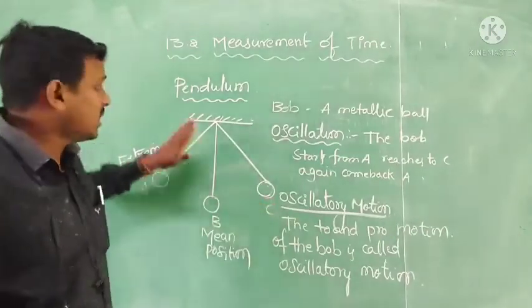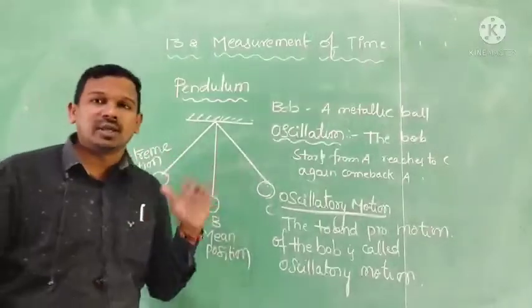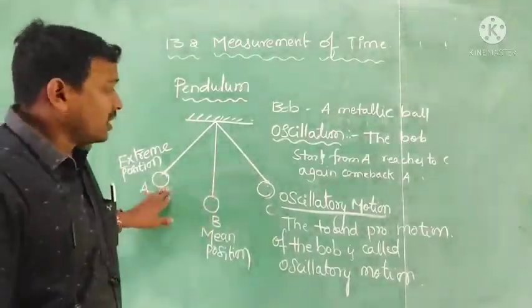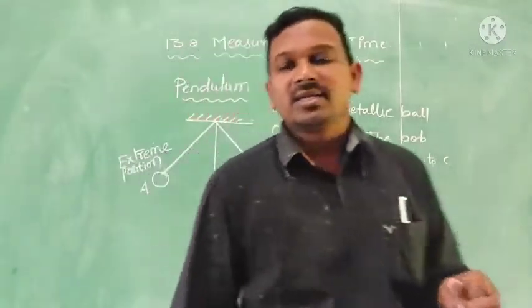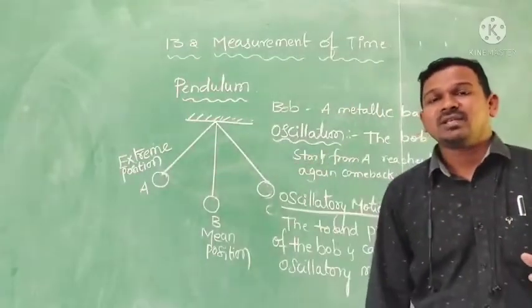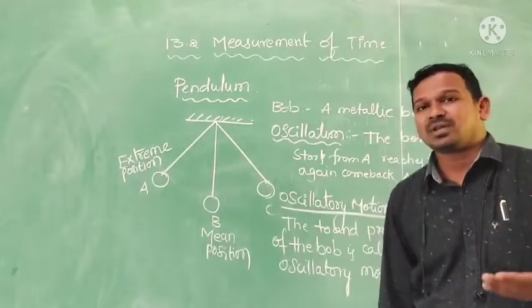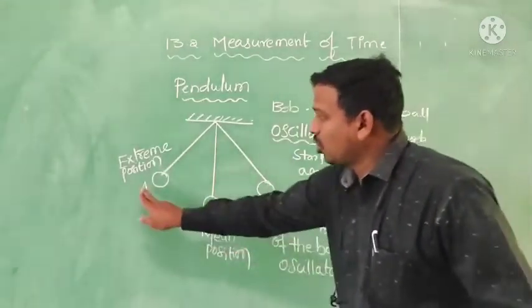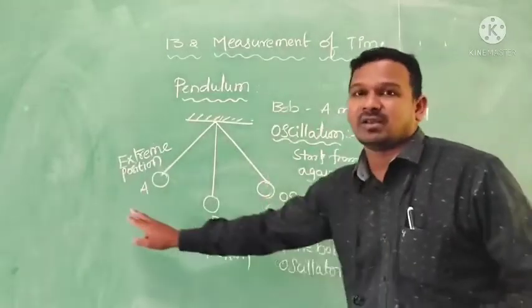Now, we studied the pendulum. How is it going to tell the time? In ancient days, Galileo Galilei was observing a church lamp. What he observed is that the pendulum completes oscillations in equal intervals of time.